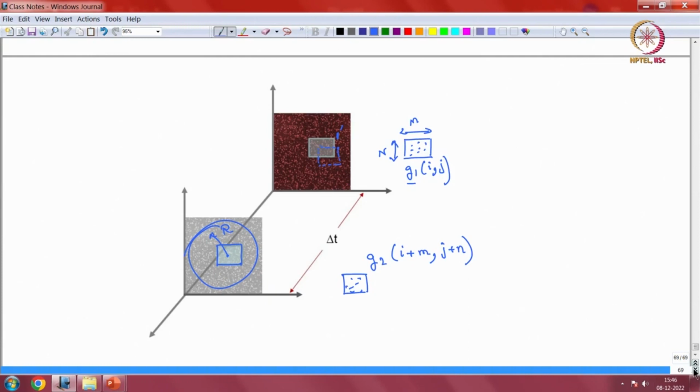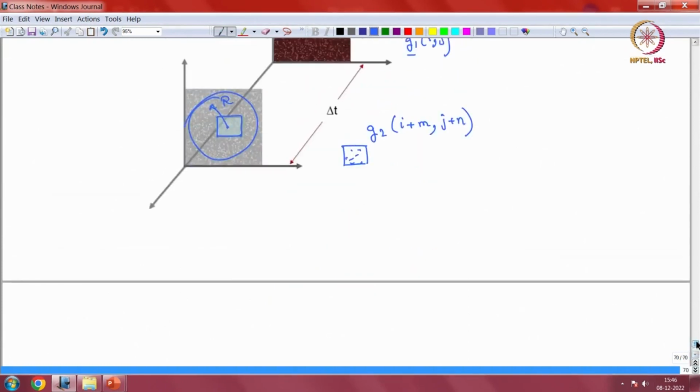One of the ways of doing this is to calculate the difference between two images.